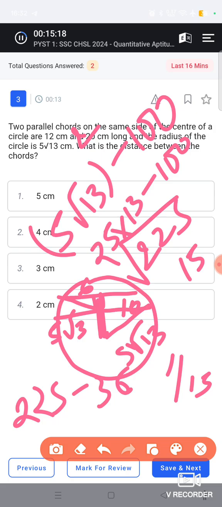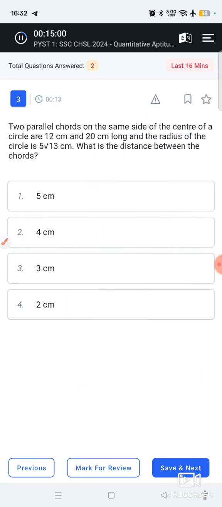What is the value of under root 189? Just a second, 289. What is the value of under root 289? It means 17. And 17 is subtracted from 15. The answer is 2.